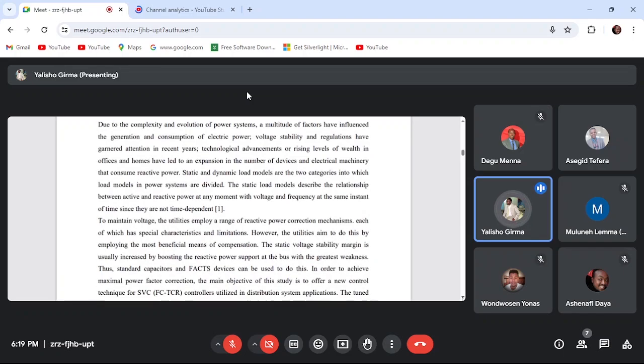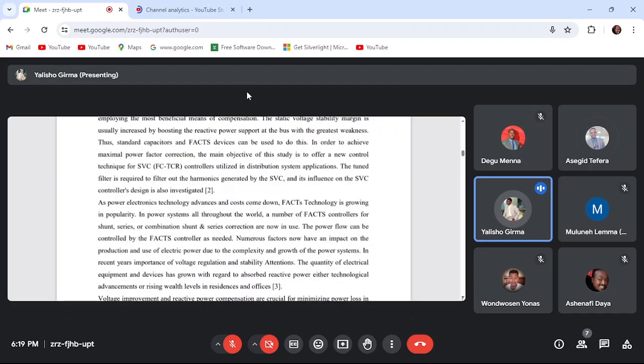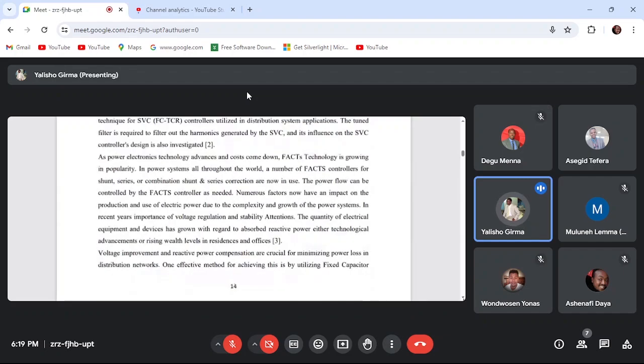You didn't say anything about the existing technology in use in your area of study. I found this also as a major gap for your research work. Improve it, Doctor.